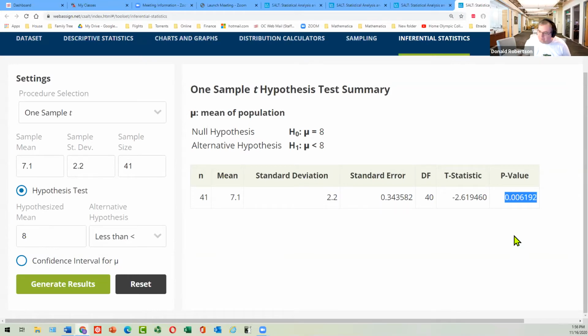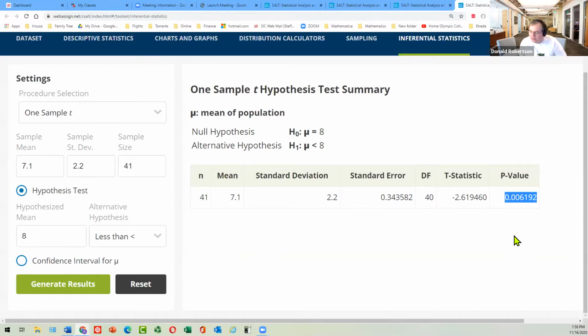We're getting better. Every time we do one, it gets a little bit easier. What I'm hoping I'm showing here is a process that you can see I'm going through. I'm getting the X bar, the S, the N, the alpha, and the null and alternate hypotheses.